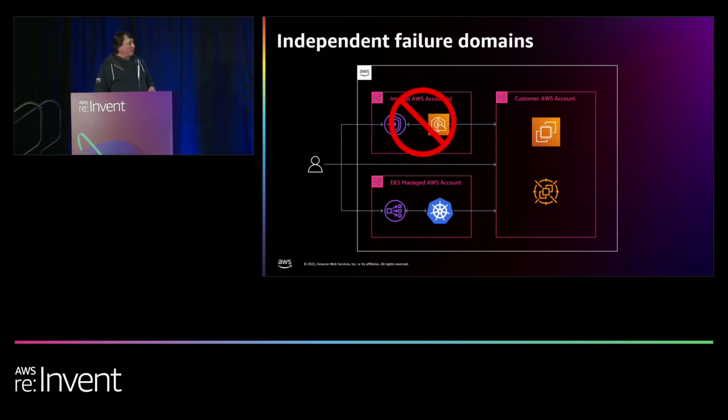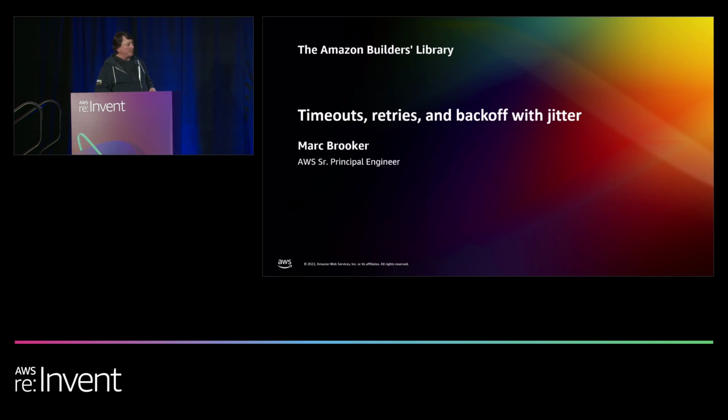So with that, I want to go back to the Builders' Library and talk about timeouts, retries, and back-off with jitter. Mark Brooker, Senior Principal Engineer at AWS, has provided this guidance. AWS has learned a tremendous amount about how to manage systems at any scale.